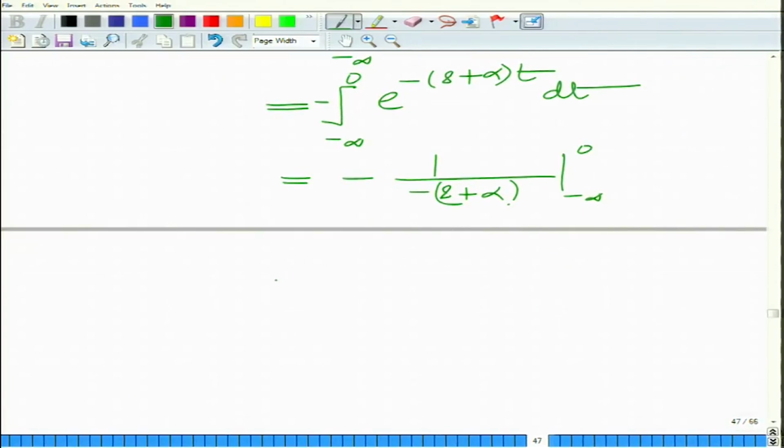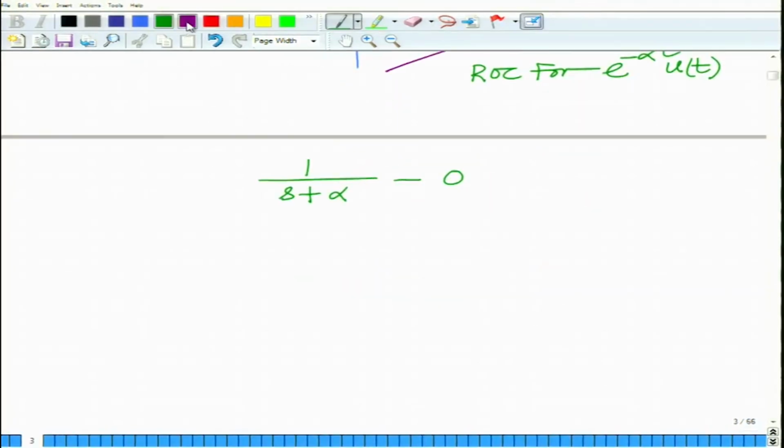which is basically, I am sorry, I also have to write e raised to minus (s plus alpha)t. Now, e raised to minus (s plus alpha)t evaluated at 0 is 1. So this becomes 1 over s plus alpha minus e raised to minus (s plus alpha)t as t tends to minus infinity, which is 0.